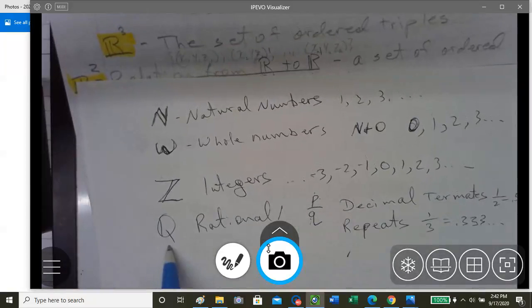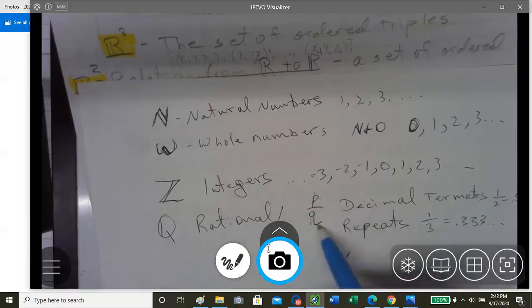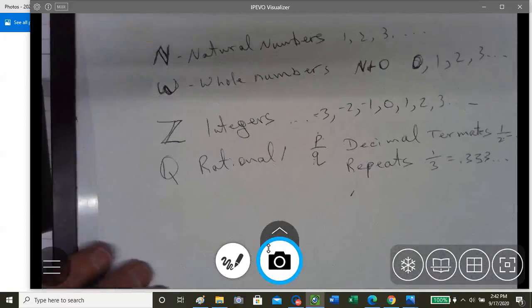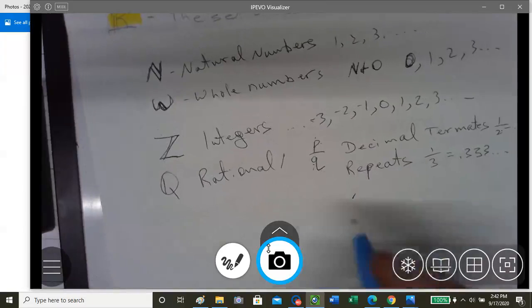Since R is taken up for the real numbers, we use Q, like in quotient, for the rational numbers. That's the way to remember that.